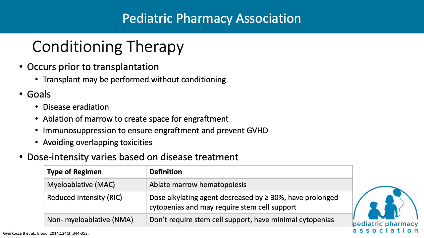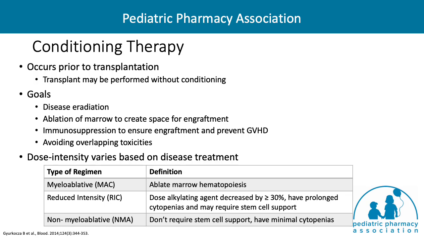But the goals of conditioning therapy are to, one, eradicate disease, and this means something different for oncology and non-oncology indications. For oncology indications, conditioning therapy allows for high doses of chemotherapy to eradicate disease, and that's followed by infusion of cells to restore bone marrow function.